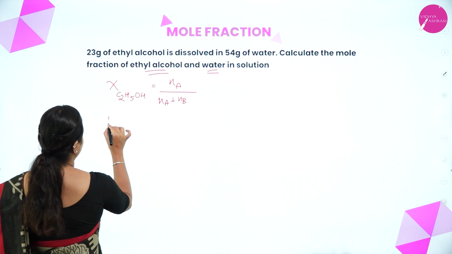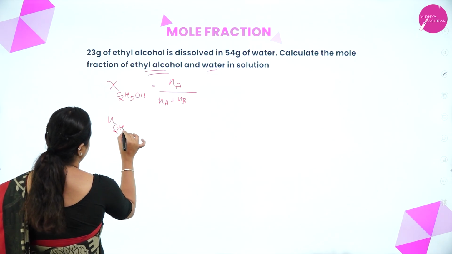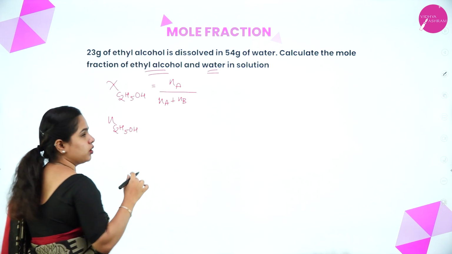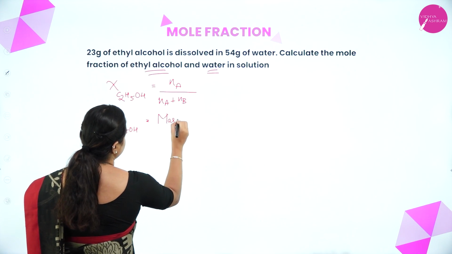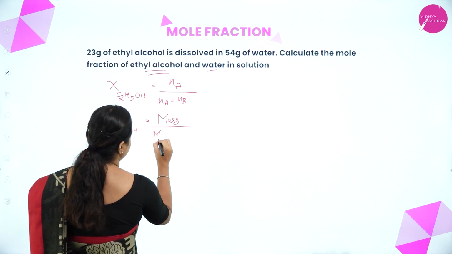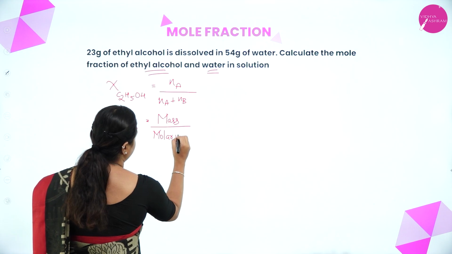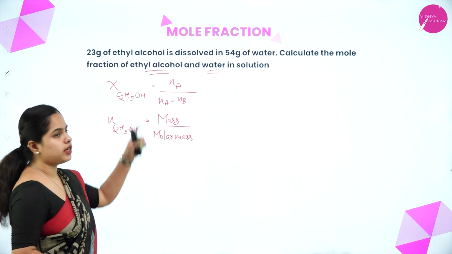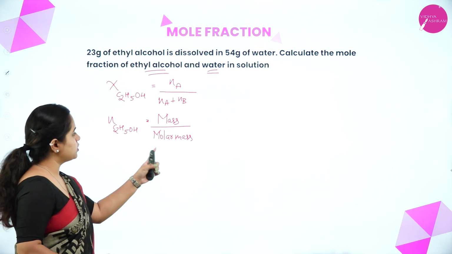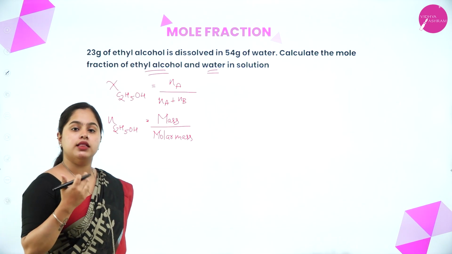So how do I calculate the number of moles of my ethyl alcohol? What's the equation? It is mass by molar mass. Mass is given here, that is 23 gram of ethyl alcohol. You have to calculate the molar mass.